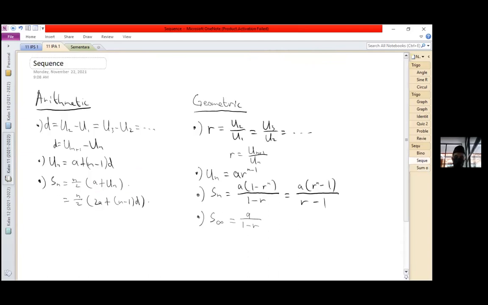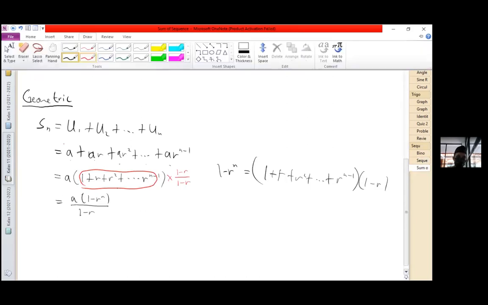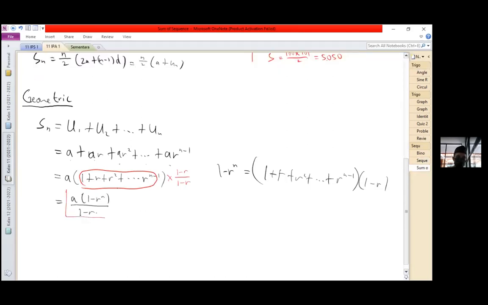And to get to the other formula, we just need to multiply. So this one is the first one. If we multiply by -1 over -1, we don't change anything, we just want to change the form.